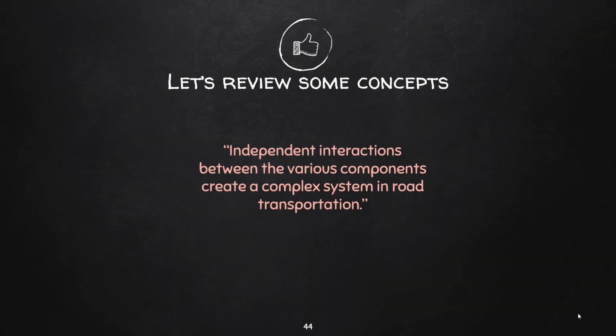A review of the concepts discussed in this video is the interactions between the various components, such as the human component, which is composed of drivers, pedestrians, and cyclists, the vehicle component, the road component, and the environmental components, which create a complex system in road transportation.